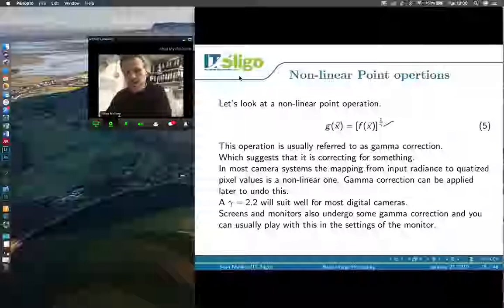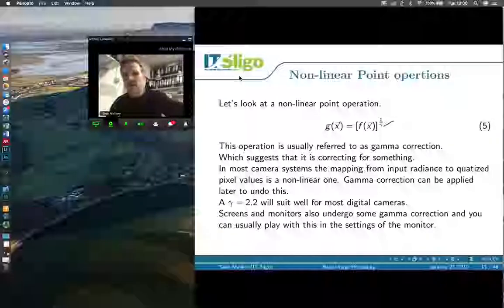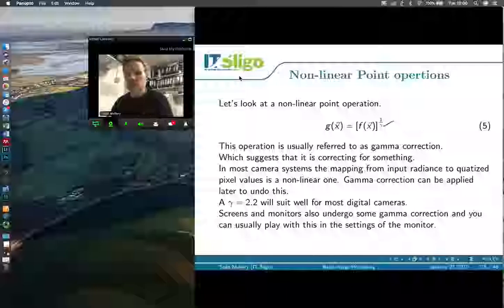It's called correction because in many cases this is trying to undo a non-linearity that has happened somewhere, and they want to bring it back to something that's linear. Now, this is something that's going to pop up again and again, this idea of straight lines, linearity, mathematical rules for linearity and so on.